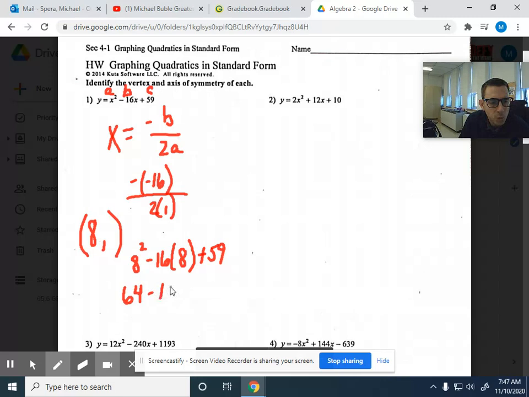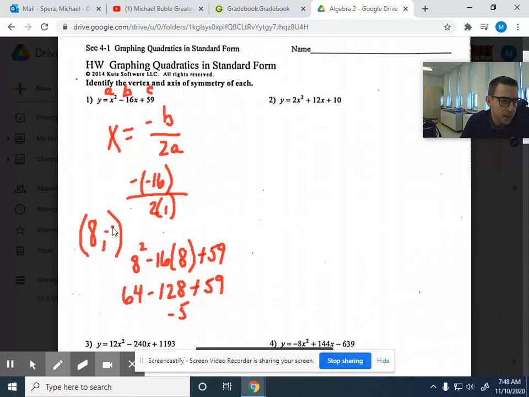I think it's 128. All right. And then plus 59. Yeah, 128. Okay, so 64 minus 128 plus 59. I think that's negative 64 plus 59. So I think our y coordinate here should be negative 5, right? Negative 64 plus 59 would give us negative 5.